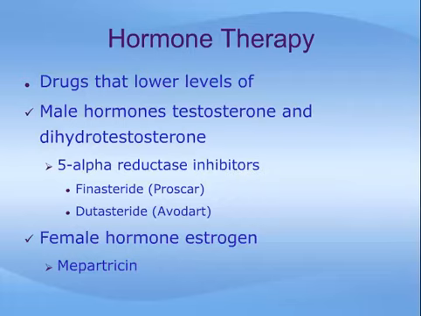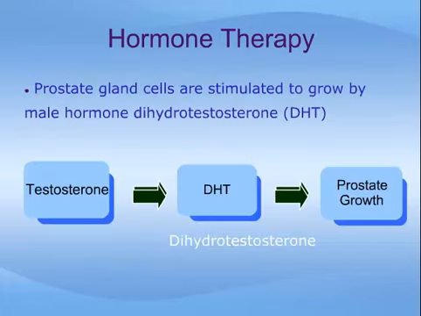These are discussed in detail on the next few slides. The drug mepartricin lowers levels of the female hormone estrogen in the prostate. A very small clinical trial suggested a benefit of this drug in patients with CPPS, but larger controlled studies are needed. The male hormone dihydrotestosterone, or DHT, fuels the growth of prostate cells.